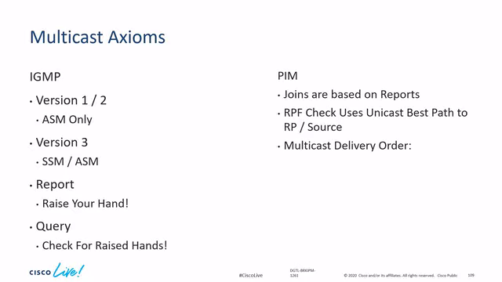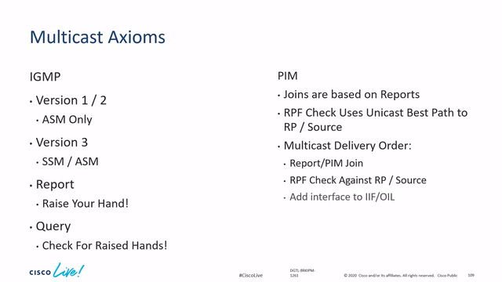And let's go over the delivery order one more time. It starts with a report that gets converted to a PIM join. When we forward the PIM join, we're doing an RPF check against either the RP or the source. And then based on that PIM join, routers are adding interfaces to its incoming interface or its outgoing interface list.